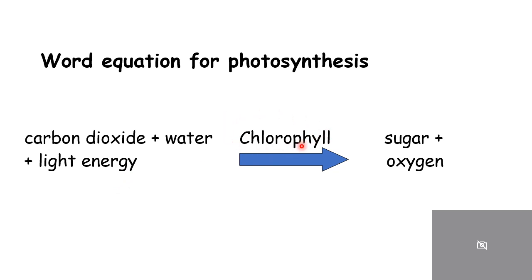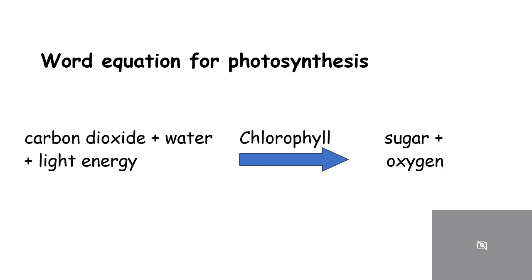Chlorophyll, because it's the chlorophyll which traps the light energy. So carbon dioxide and water combine together, a chemical reaction takes place, and what is being formed? Sugar, that is a carbohydrate, and oxygen is released. I think till here everything is quite clear to each and every one.